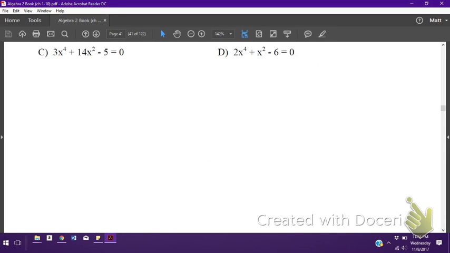Alright, so as we move forward to examples C and D, we're looking at something that looks a lot like what we did in section 4.2, and that was called the U substitution. Okay, so again, just to remind us, U substitution is where we take the letter U and replace it with something else in our equation, so that it's easier to work with.